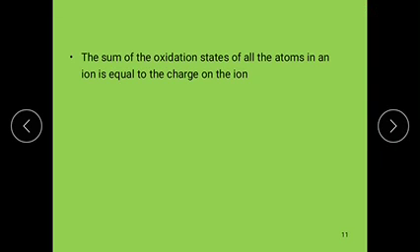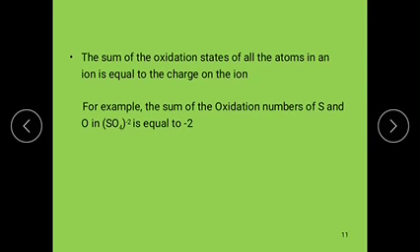But in the case of ions, the sum of the oxidation states of atoms in an ion is equal to the charge of the ion.